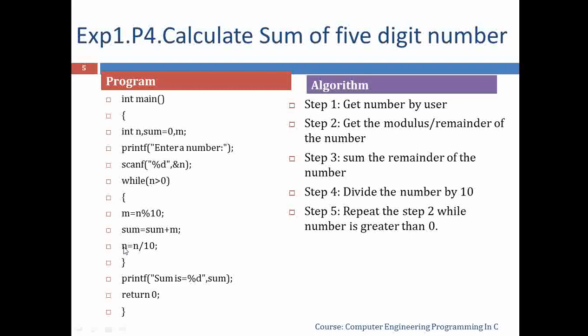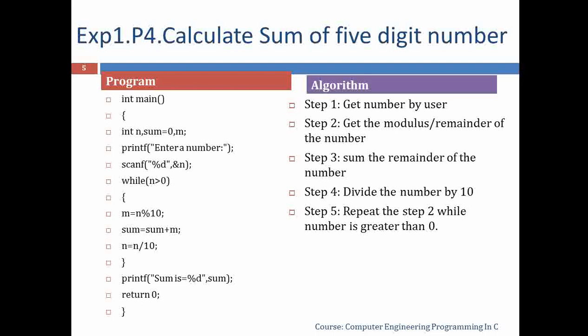Here in n we got 2 digits, and we check whether it is greater than 0, yes or no. If it is yes, then go here, then the 2 digit number is divided by 10, and we get one remainder, that is the 4th remainder.